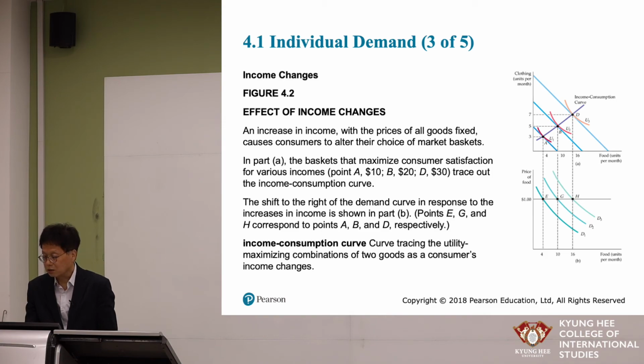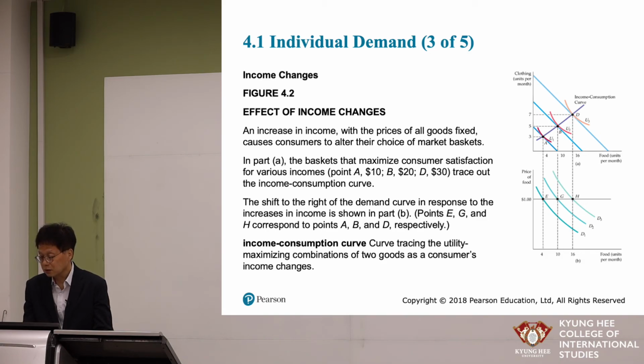Right? And now your income increases again, for example, like this. Then what happened? Anyway, consumers solve the utility maximization problem again because the budget constraint has now changed, from here to here, and find new consumption bundles of food and clothing.